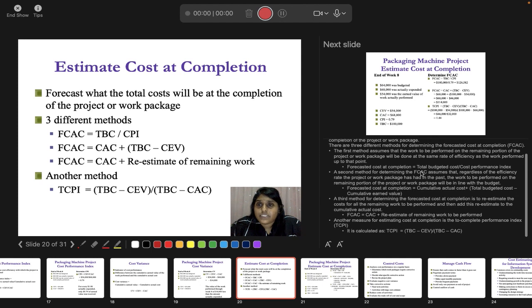Okay, the next one will be determining FCAC. It assumes that regardless of the efficiency rate the project or the work package had in the past, the work to be performed on the remaining portion will be in line with the budget. So that means they do not mind about your CPI. They don't mind that you have gone over budget or you have been having delays previously.